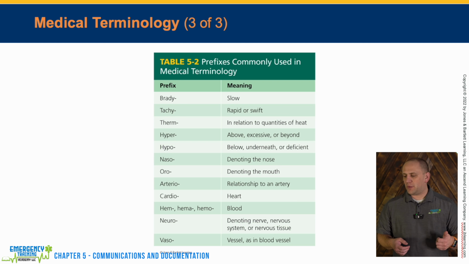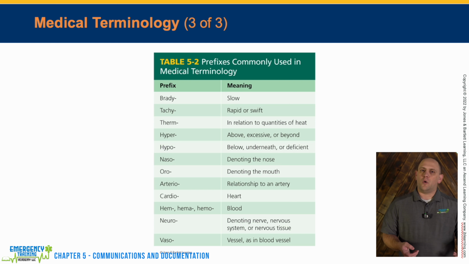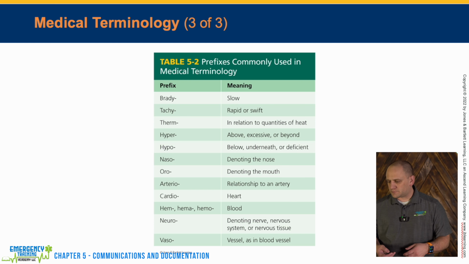That means rapid or swift. We have therm, which is heat. We have hyper, which means above, so hypertension, hyperthermia. Then we have hypo, which is below. You'll hear that one with hypoglycemia or hypothermia.